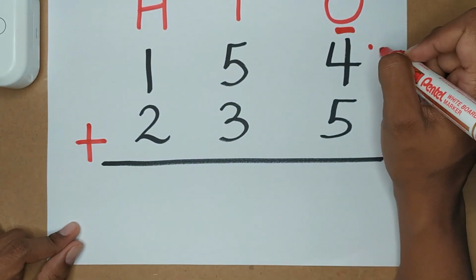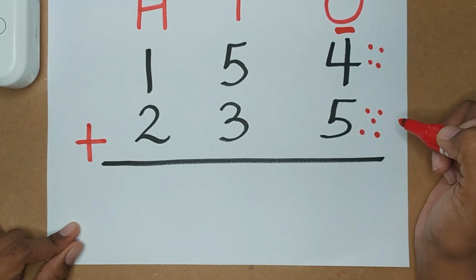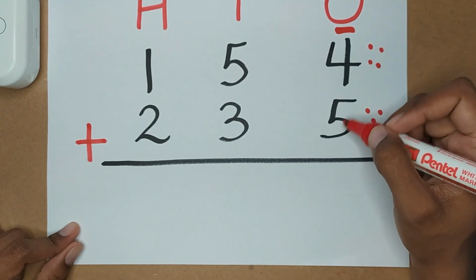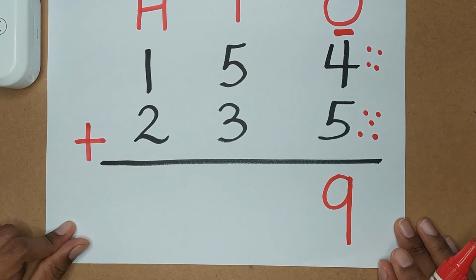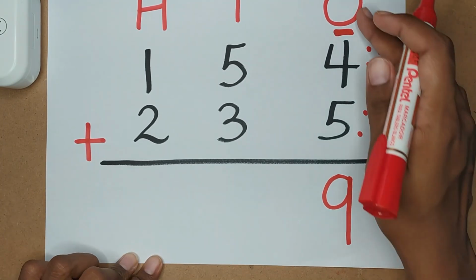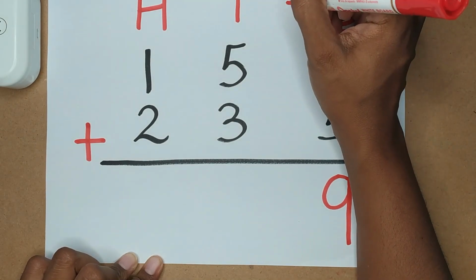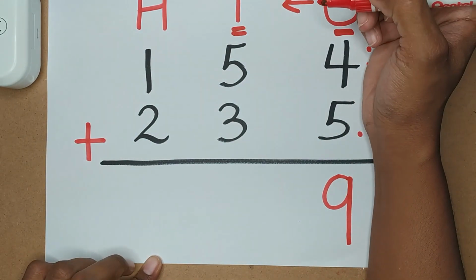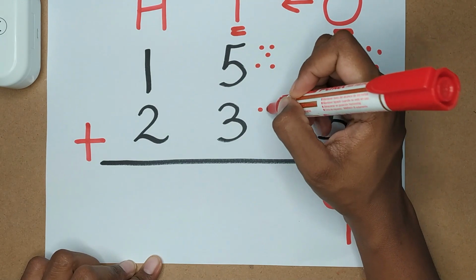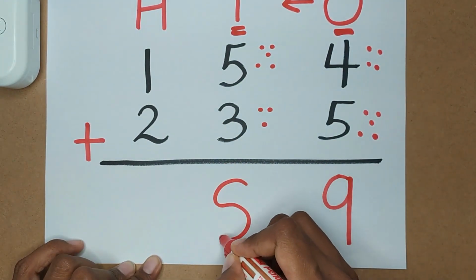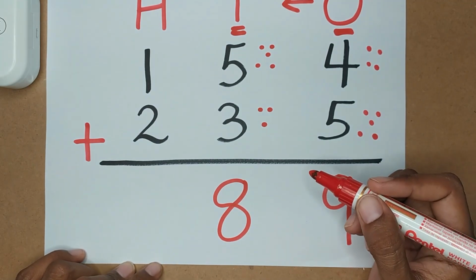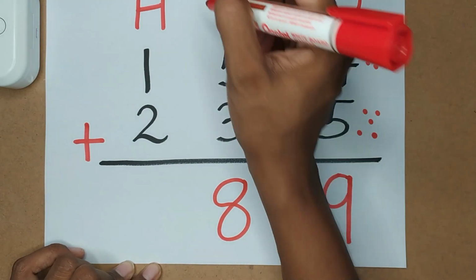When we're finished, we move on to our tens column, where we have 5 tens add 3 tens. 5 add 3 is 8. When this is complete, we go to our hundreds column with 1 add 2. 1 add 2 equals 3. We got 389.